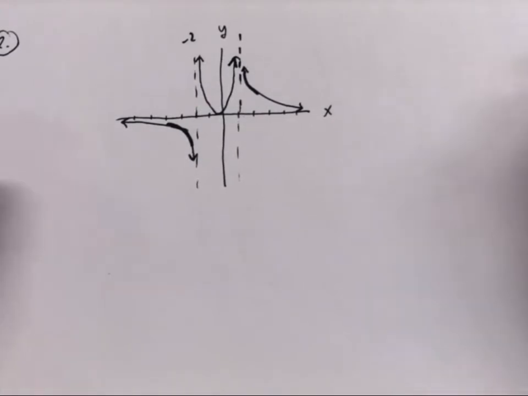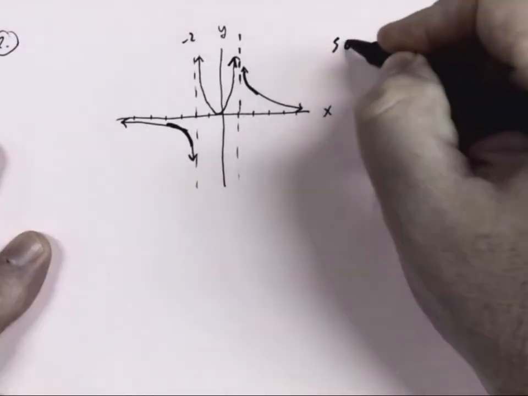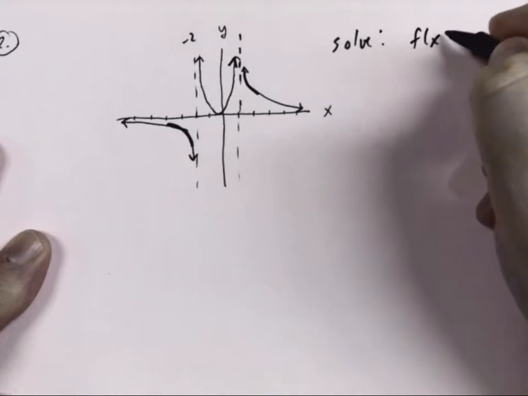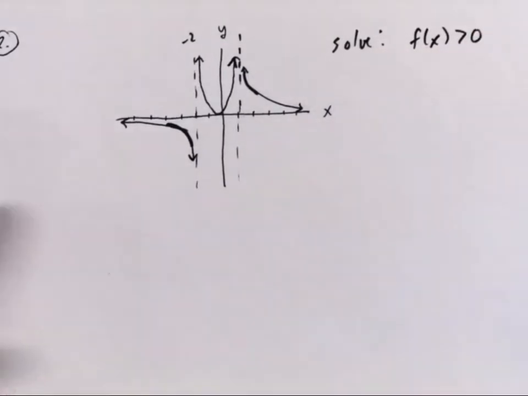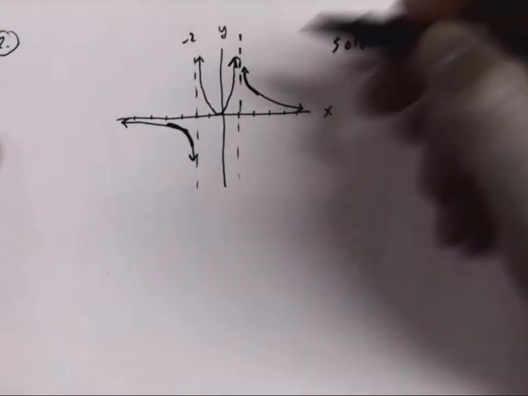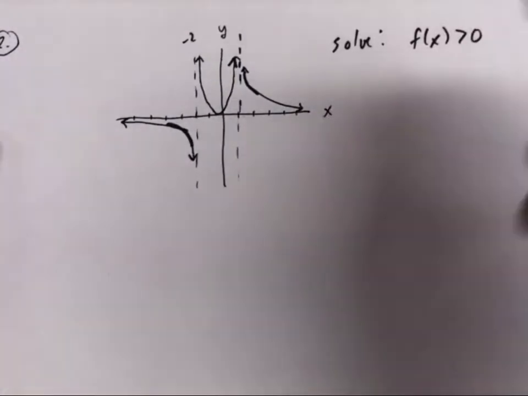So the same kind of question. Here's what they want me to solve. Let's do the same thing. They want to know where the function's positive. So once again, the question is, where is the graph greater than 0?